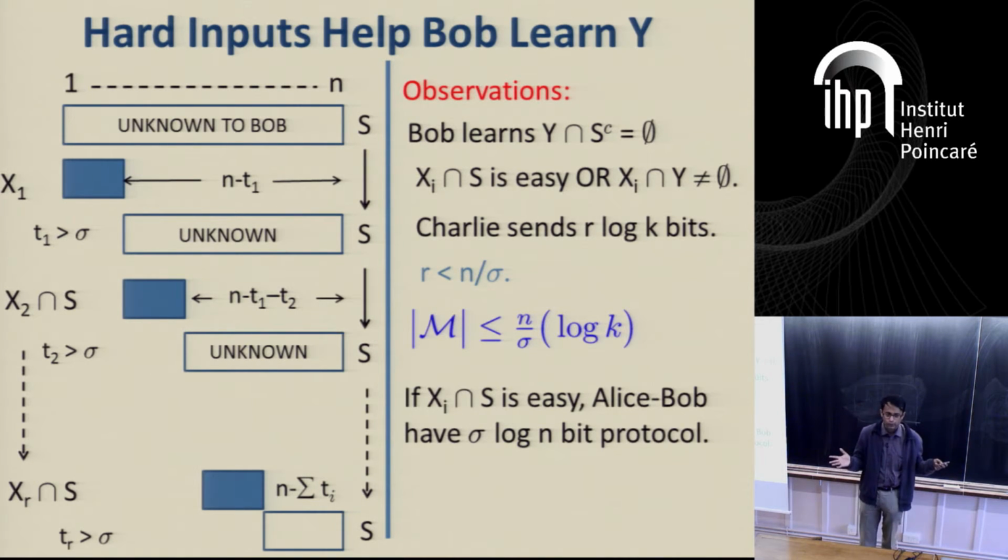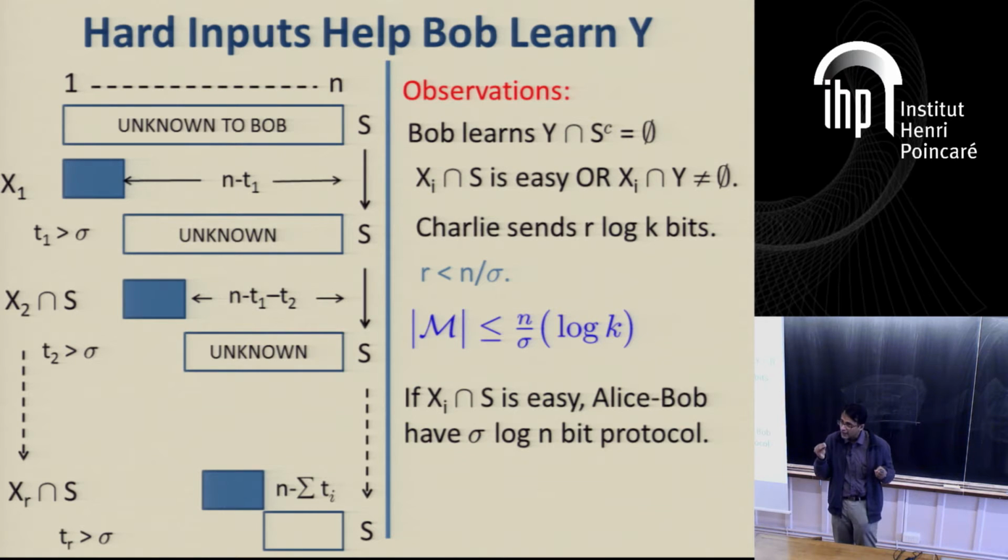And now here's the protocol. Okay? So the protocol is now very simple. Bob, on receiving this amount of information, looks at xi and projects it down to S. If he sees it's larger than sigma, he gives out the answer himself, that they intersect, that they are not disjoint.